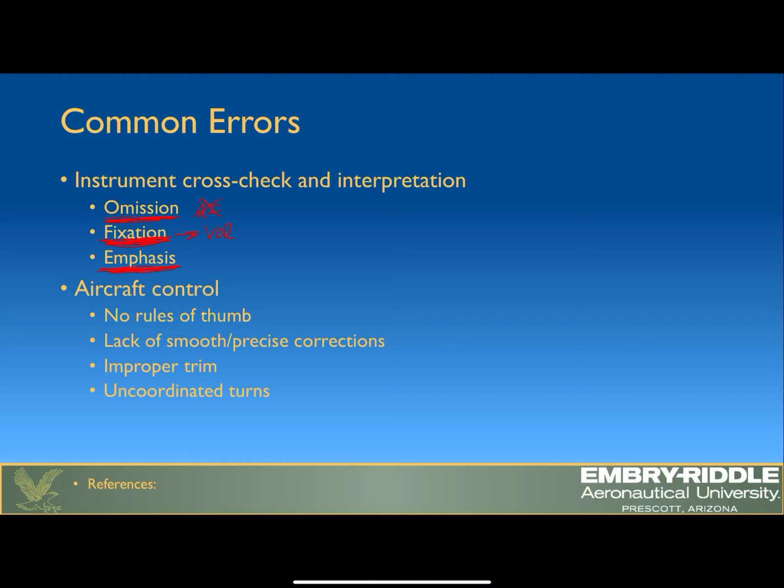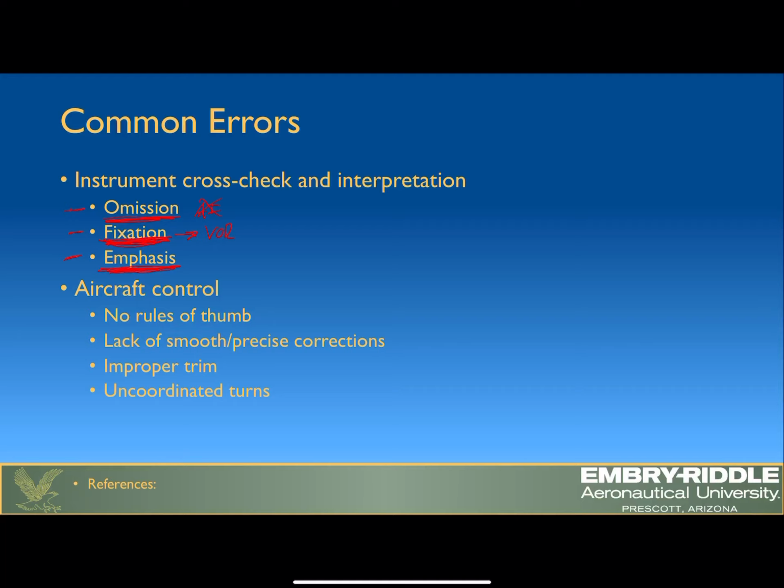That's putting too much emphasis on one of those control methods. So you want to make sure you avoid these common errors. You want to make sure you're checking everything. You don't want to get fixated on something for too long, and you want to avoid emphasizing one instrument or one set of instruments over the others.